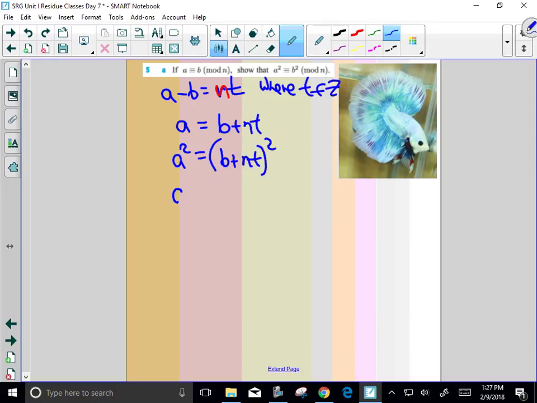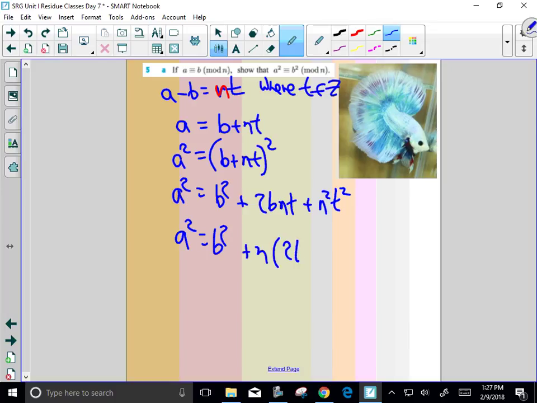No problem. You get a squared equal to b squared plus 2bnt plus n squared t squared. But I could take out a what out of these two? An n, and that's what I want.